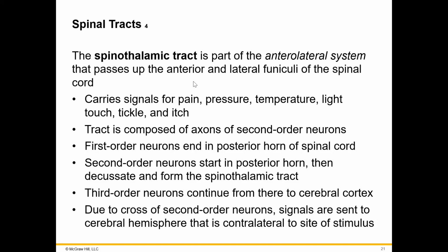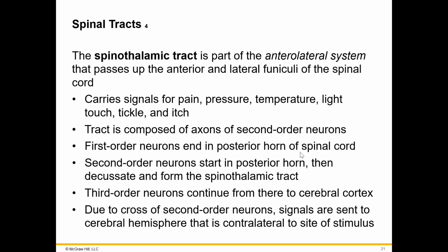It carries the signals for pain, pressure, temperature, light touch, tickle, and itch. The track is composed of axons of second order neurons. So the first order neurons end in the posterior horn. We know that. That's no longer a secret.